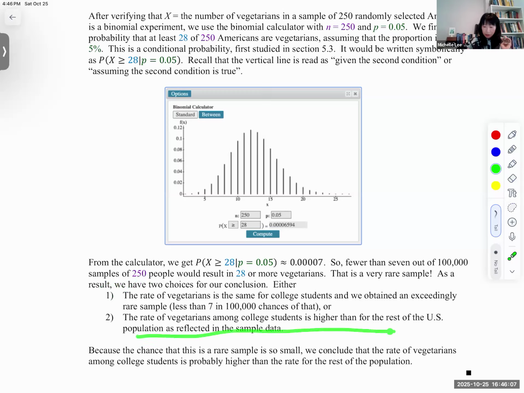So we just take the second conclusion. Because the chance that it is a rare sample is so small, we conclude that the rate of vegetarians among college students is probably higher than the rate for the rest of the population. Make sense? Good.